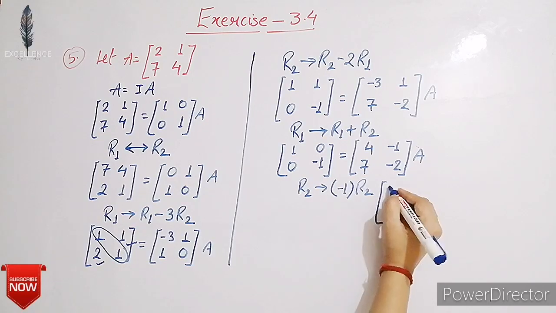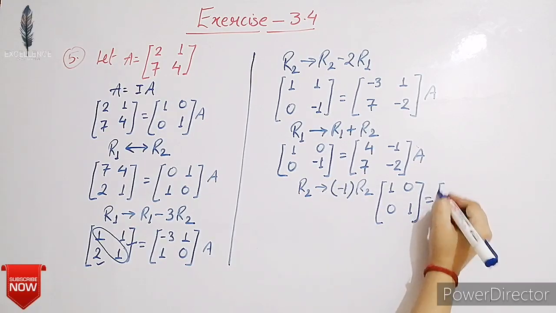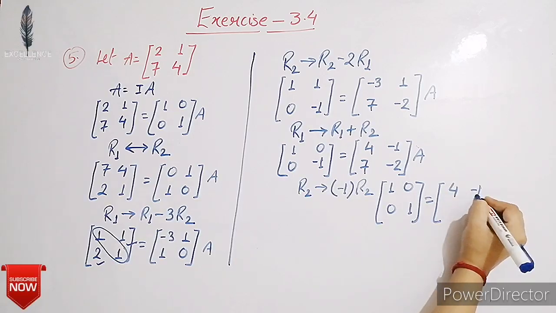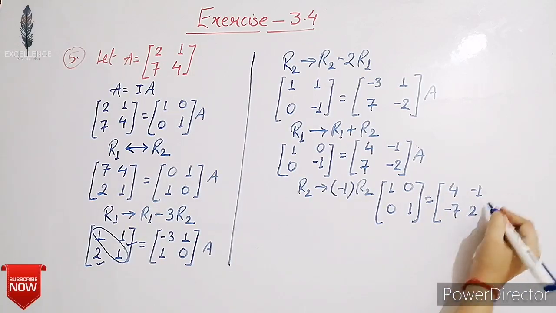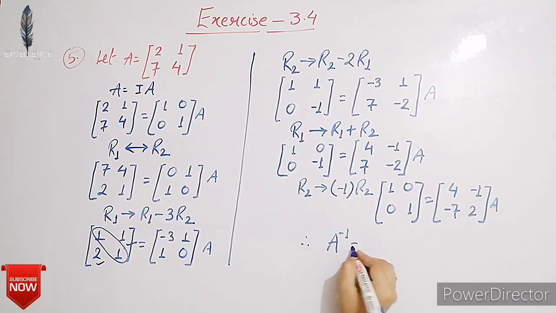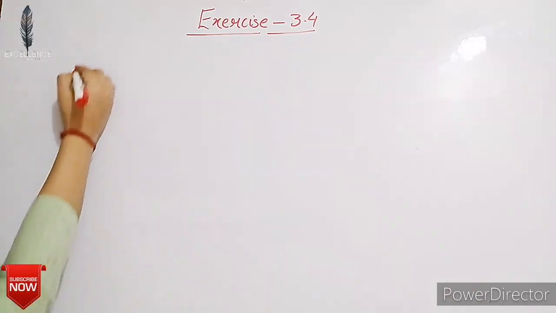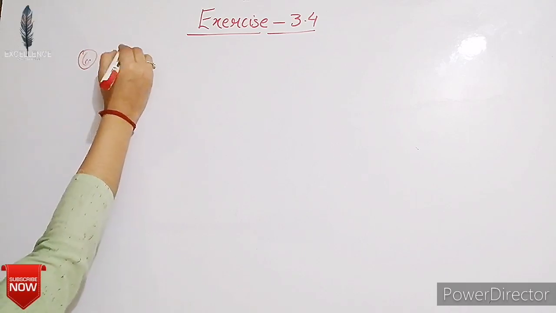Then we get the required identity matrix, that is 1, 0, 0, 1 is equal to 4 minus 1 minus 7 plus 2, A. Clearly the inverse of the given matrix is 4 minus 7 minus 1, 2. Okay, clear? Let's see the next question, question number 6.